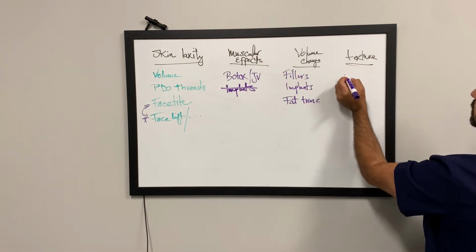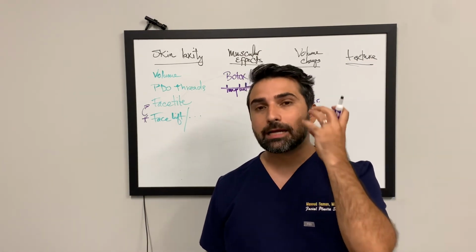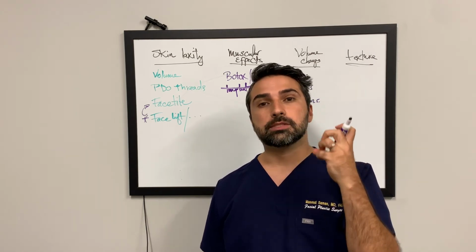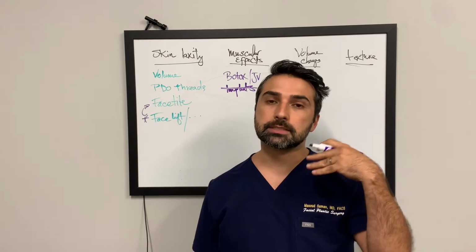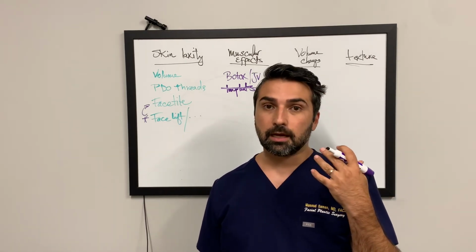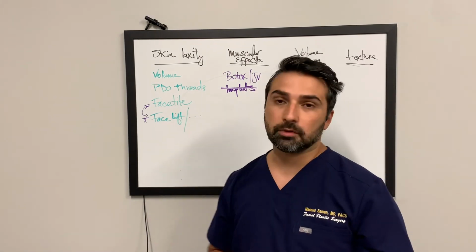Then there is texture. That's the superficial skin texture, the way your skin looks, and also how tight the skin on the outside is, how closed the pores are, how the discoloration works and patchiness and all of these other things that are superficial skin, and they don't get affected or worked on when I perform, for example, a facelift.